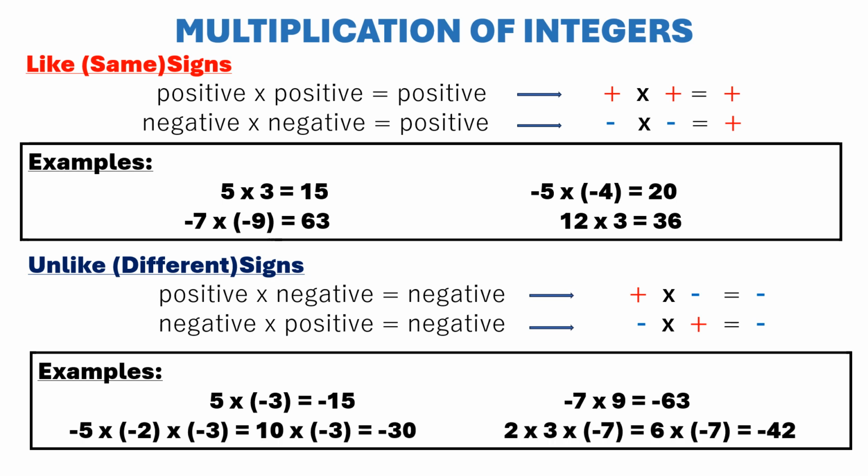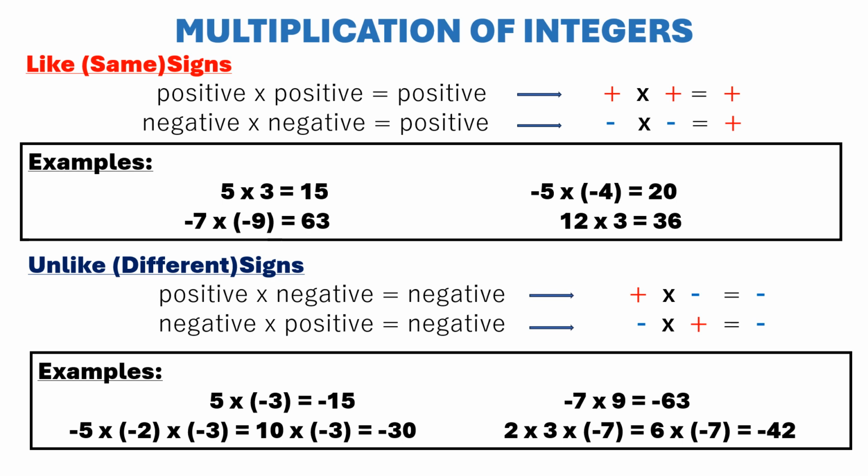What if we have this one? Let's say we are going to multiply negative 5 by negative 2 by negative 3. Here we are dealing with three numbers. What are we going to do first? First we have to multiply negative 5 by negative 2. Negative 5 times negative 2, the answer is positive 10.